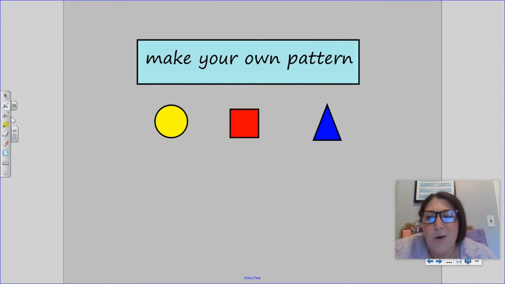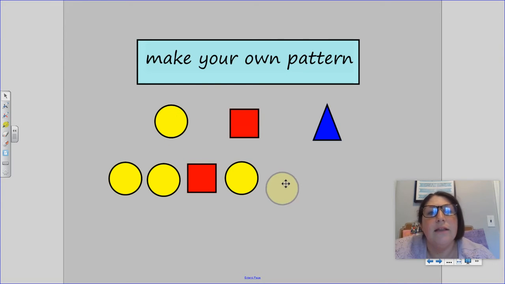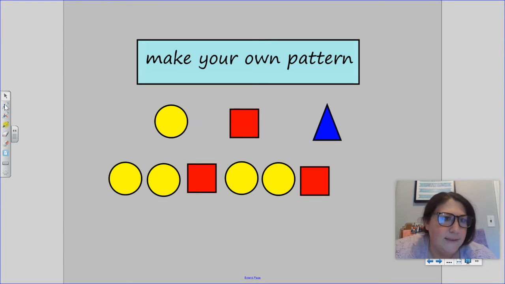Now we can make our own pattern. So I'm going to give it a try here, and you're going to give it a try when you do your independent work. So I might do yellow circle, red square, yellow circle. What comes next? Red square. What would this type of pattern be called?